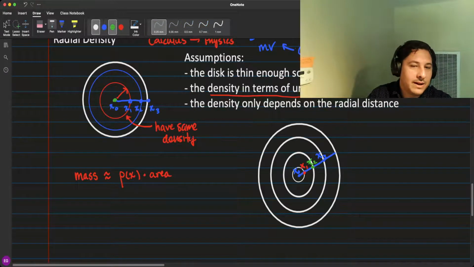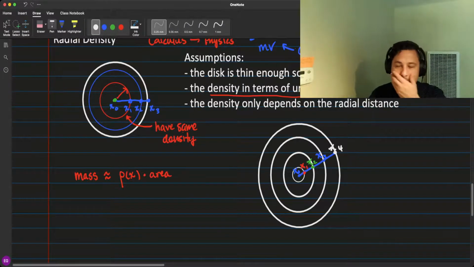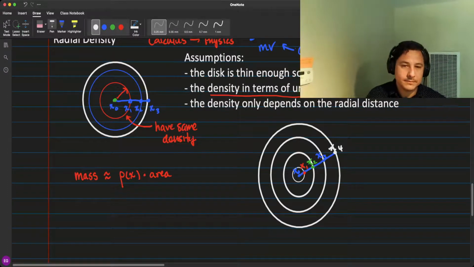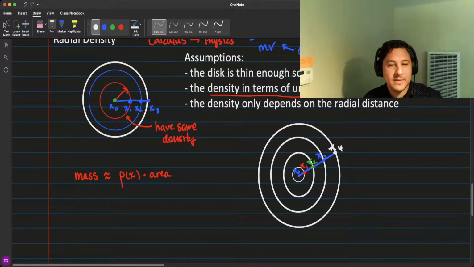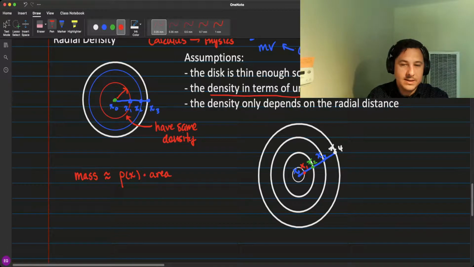And then finally you'd intersect the next concentric circle, that would be x4. Okay, now let's choose one of these. Let's choose this little ring here between x2 and x3.